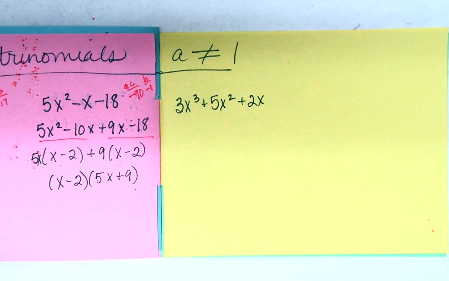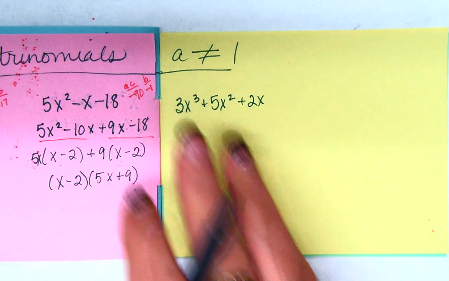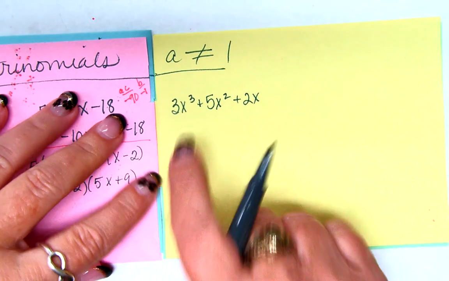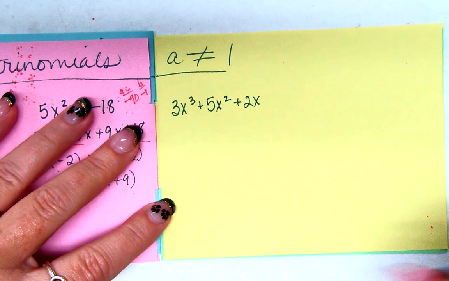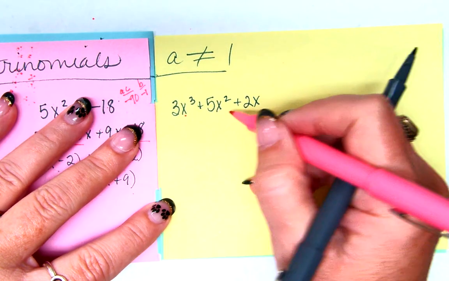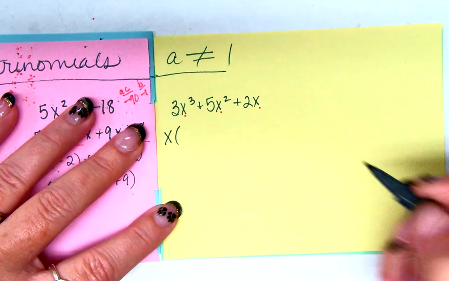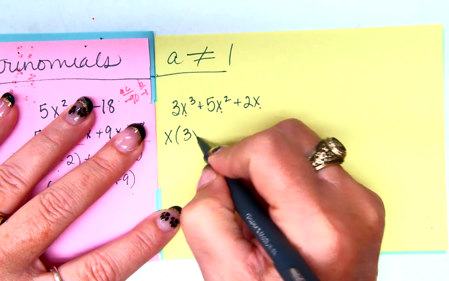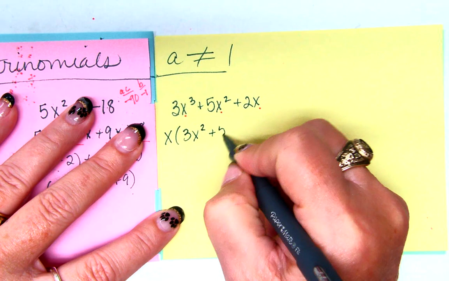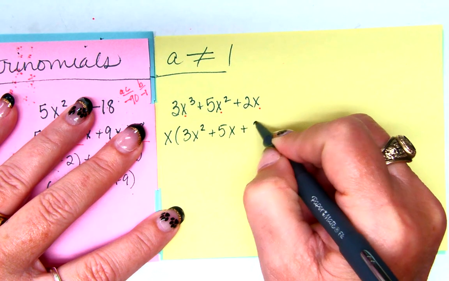That's exactly what I need to do. Because what am I supposed to look for first every time? Greatest common factor. And these terms have a greatest common factor of x. So if I factor out an x, what do I have left? 3x squared plus 5x plus 2.